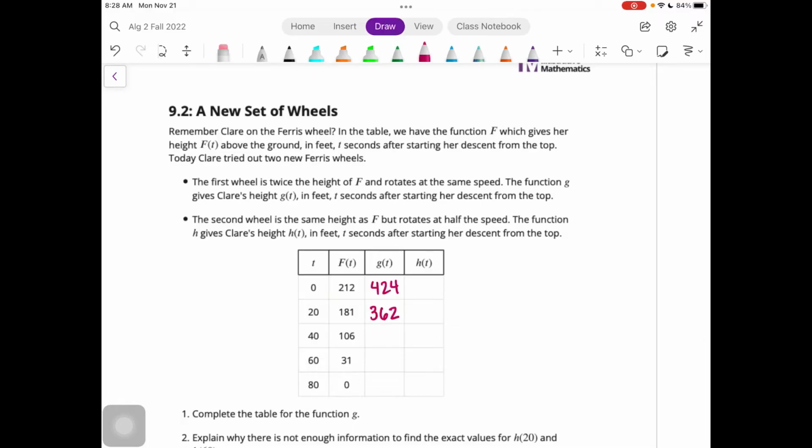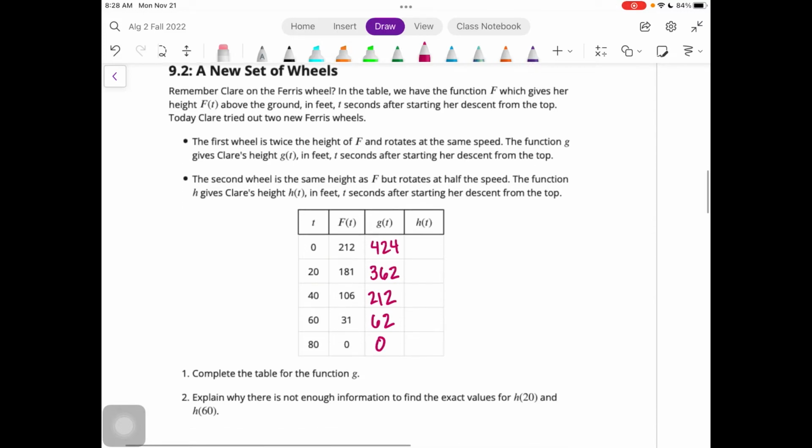At time 40, it's going to be twice the 106, so that's 212. At 60 seconds, it's going to be at 62 feet. And then at 80 seconds, it's going to be at 0 feet.